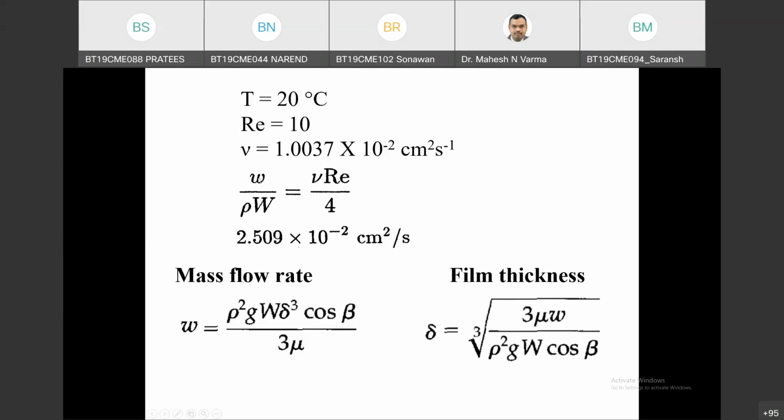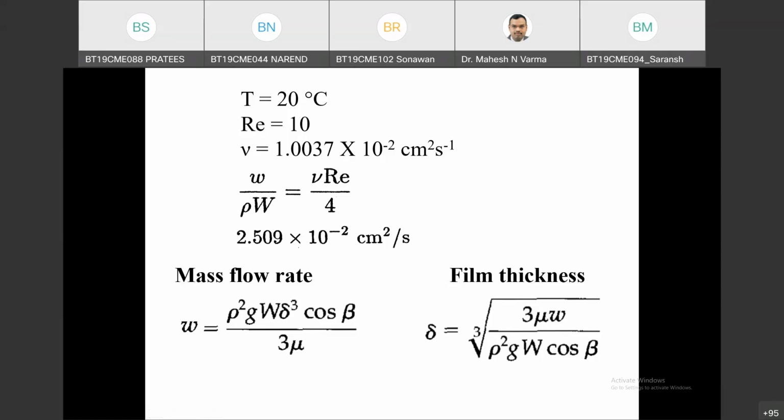First we calculate W divided by rho into W. So this is small w, the mass flow rate, divided by W, and take one rho. Another rho will be mu by rho, which equals nu. g you can take as 9.8.